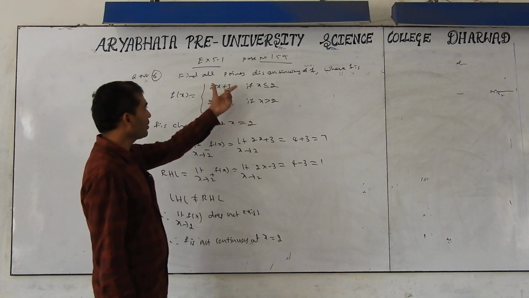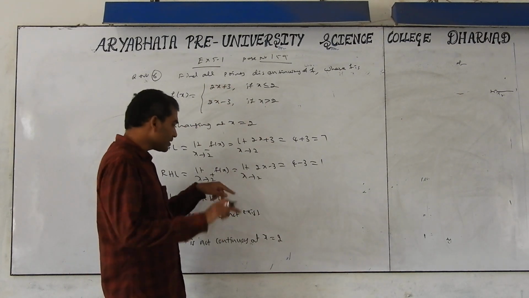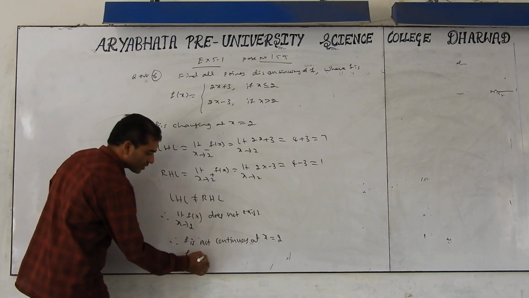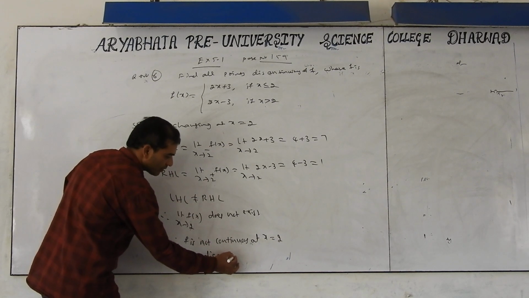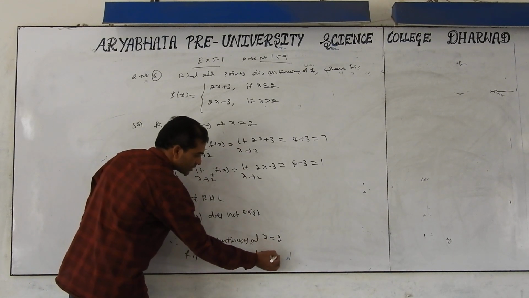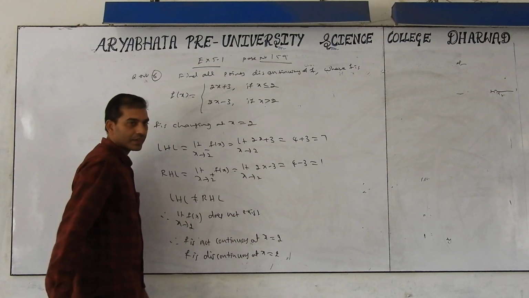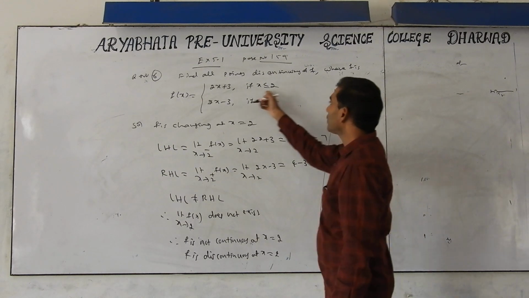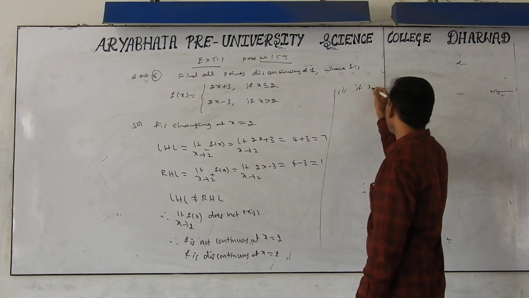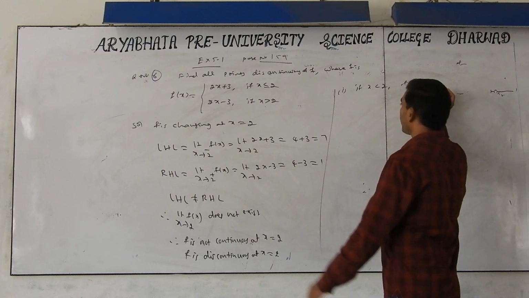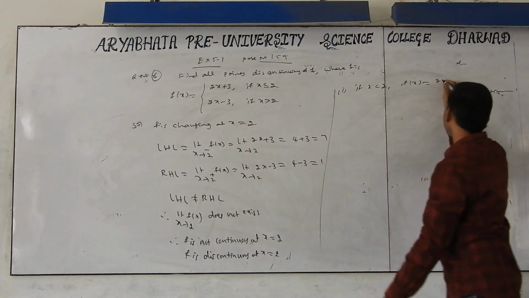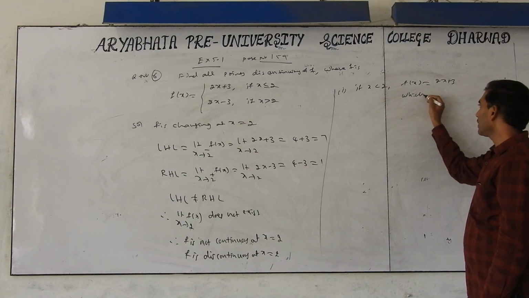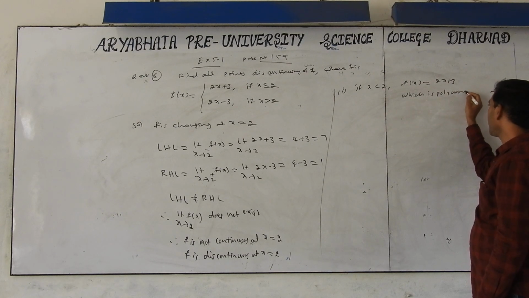We have checked the continuity at what point? 2. That means f is discontinuous at x equal to 2. Next case, below 2. If x is less than 2, f of x equal to 2x plus 3, which is a polynomial.